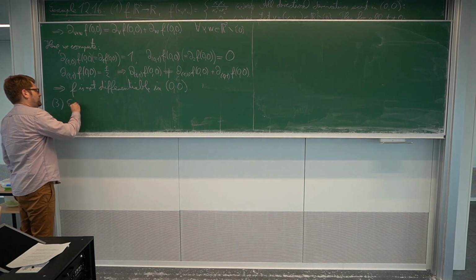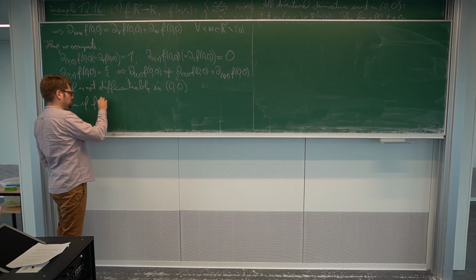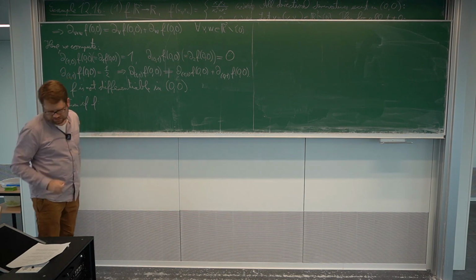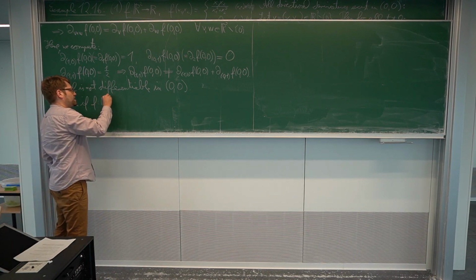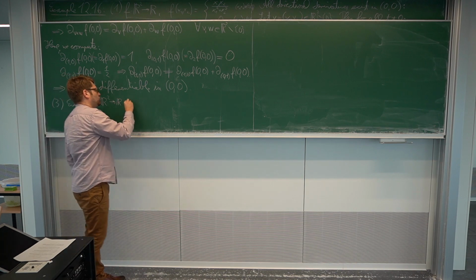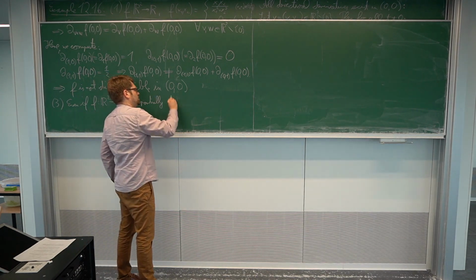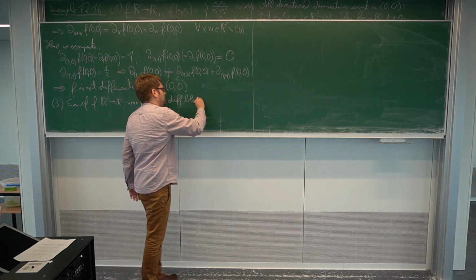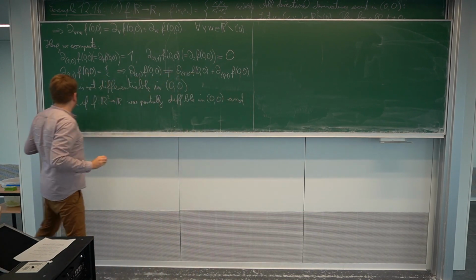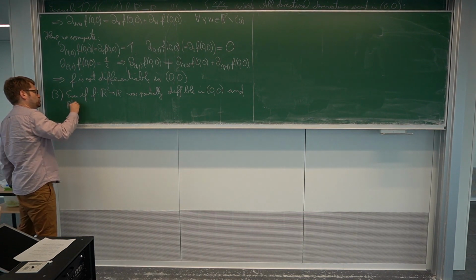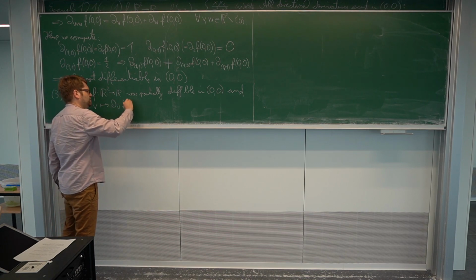So even if, let's say, I think we actually create a very simple example in R2. Say we have a map f from R2 to R that is partially differentiable in 0, 0, and consider the map from R2 to R, where with each v we associate the directional derivative in the direction of v.